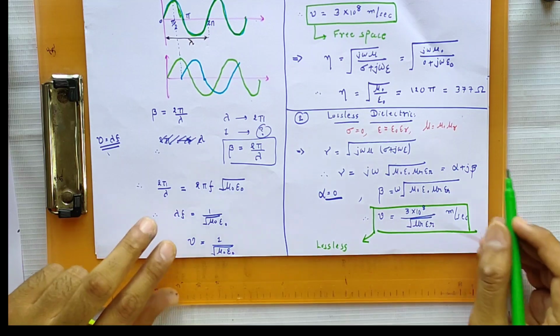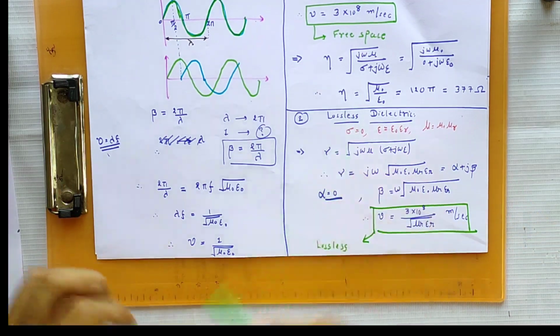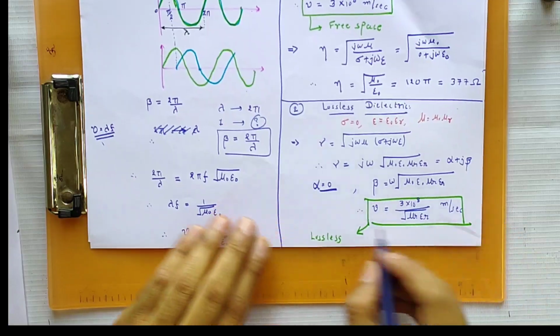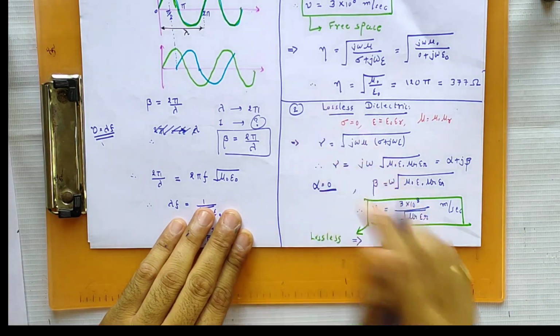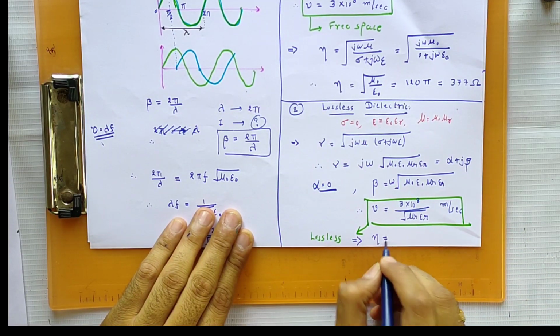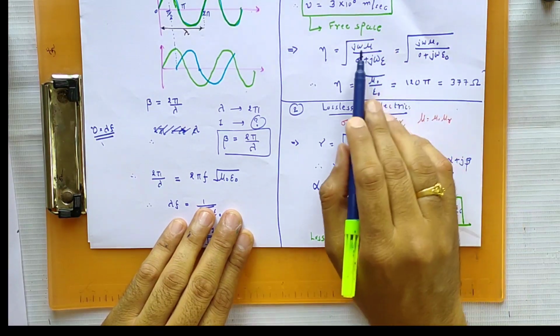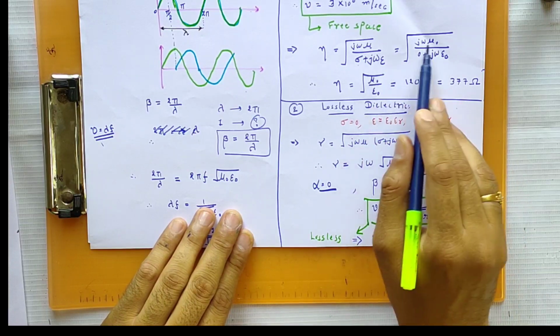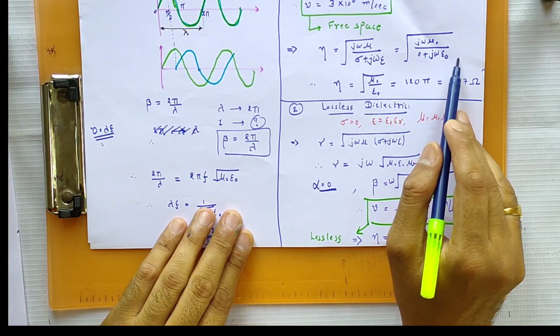Similarly, what about the intrinsic impedance for a lossless dielectric medium? Intrinsic impedance eta is equal to the square root of j omega mu upon sigma plus j omega epsilon. Sigma is equal to 0, mu is equal to mu 0 mu r, epsilon is equal to epsilon 0 epsilon r.